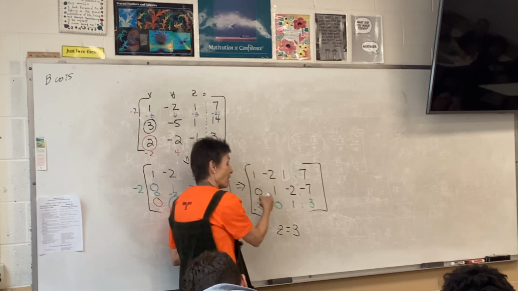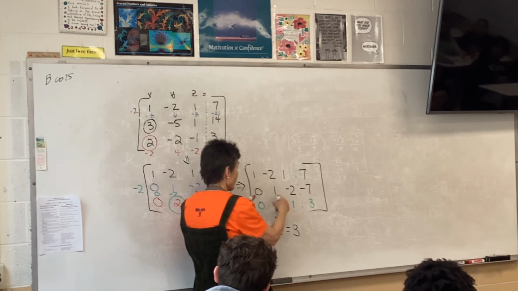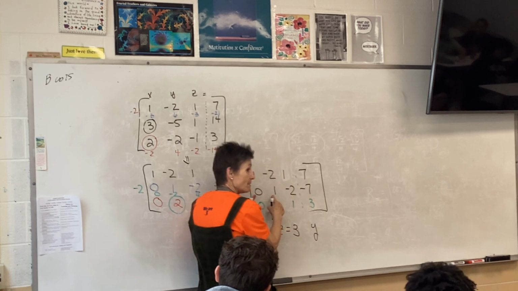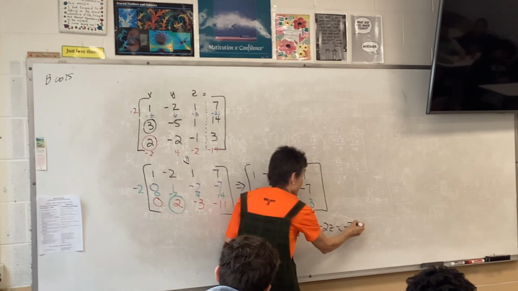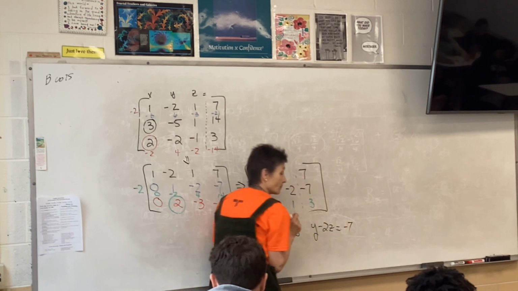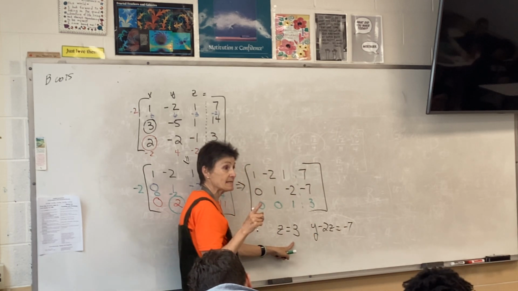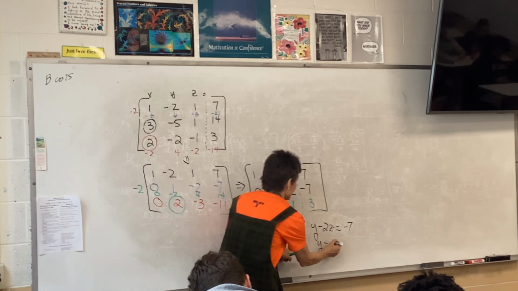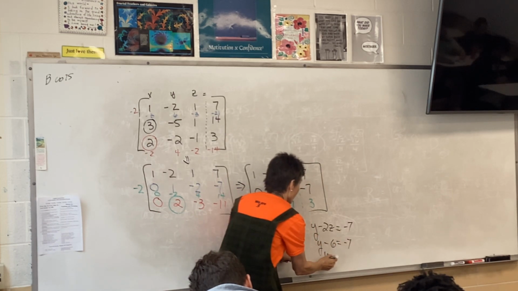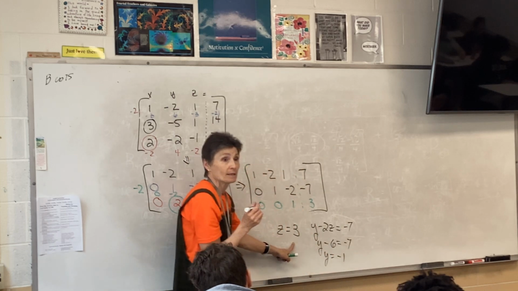Now, if I back up a row, this row says y minus 2z equals -7. But I already know that z is 3. So y minus 6 equals -7. So it looks like y is -1.